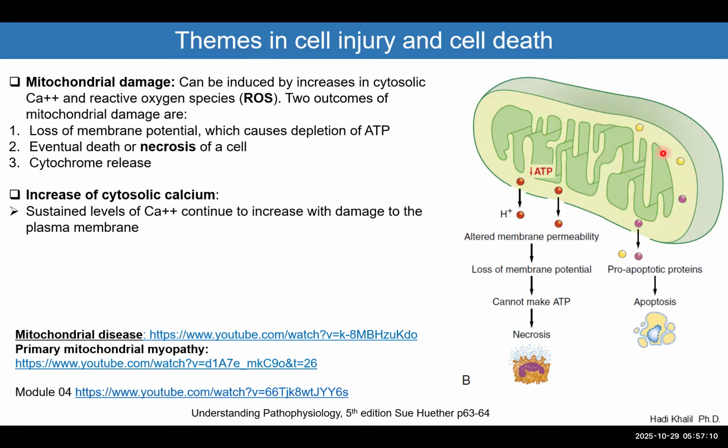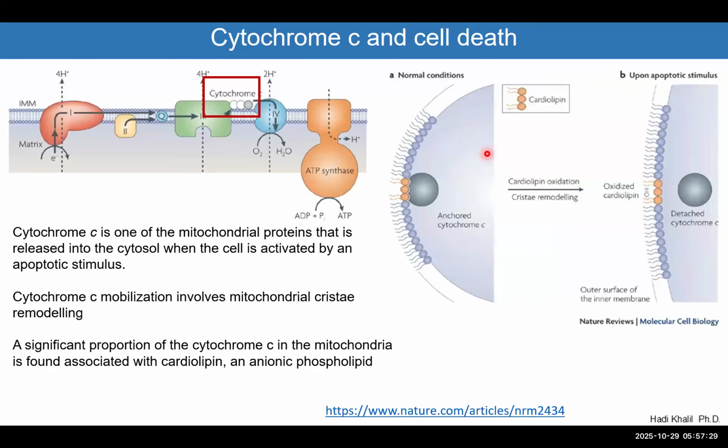And this is something important to know: you will have many more complexes 1, 2, 3, 4, or electron transport chains localized within cristae organized this way compared to a straight line. So when cytochrome C is released, that's a trigger.